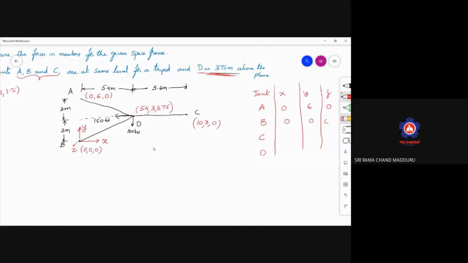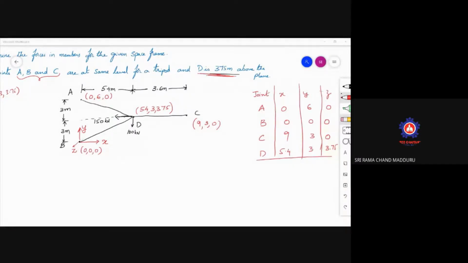B is the origin. C is 10, 3, 5.4. Please make a correction. That is 9, 3, 0. Somebody has said 9, 3, 0. Yes, Sandhya. Good one.